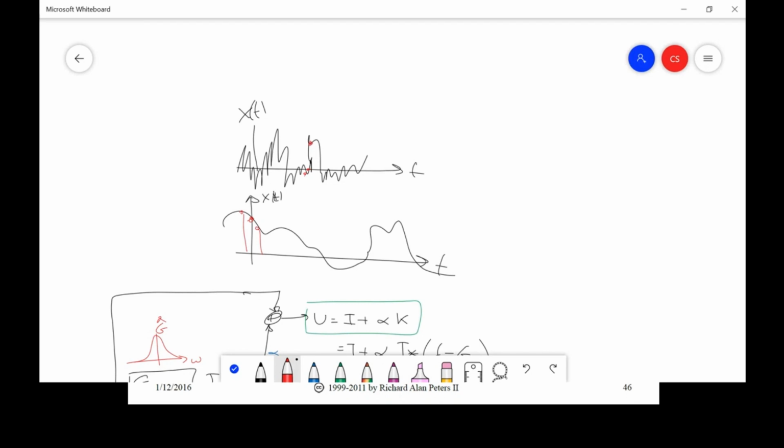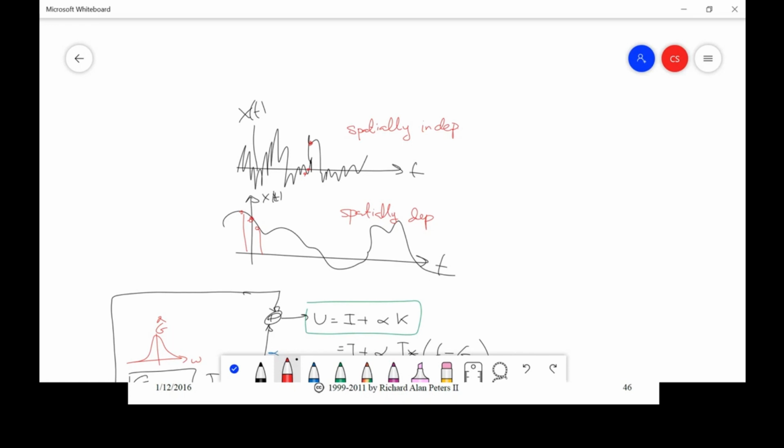So these kinds of signals are called spatially independent, while these ones are spatially dependent. Independent of time.